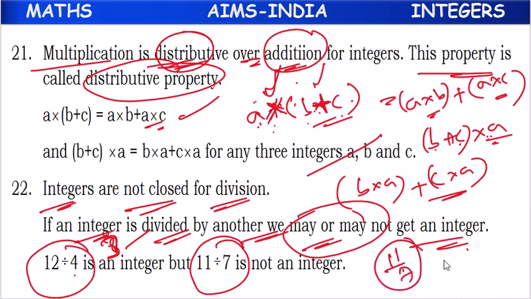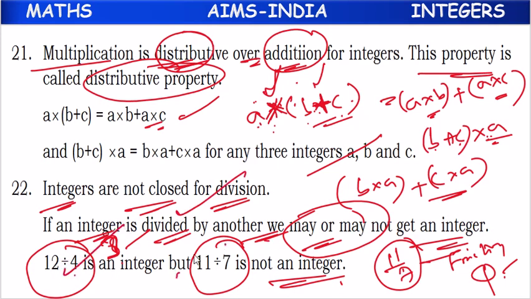It will be 11 by 7 only, which is a fraction or a rational number, which is not an integer. So if we divide two integers, the result may or may not be an integer. So they are not closed for division, or they won't follow the closure property.